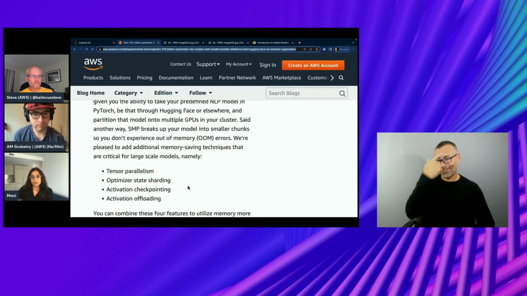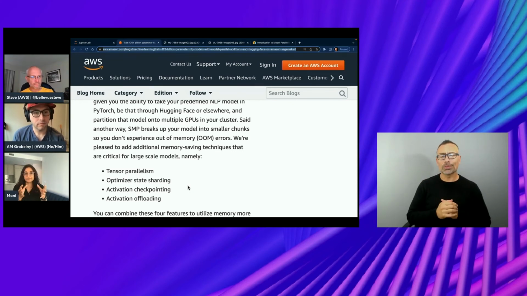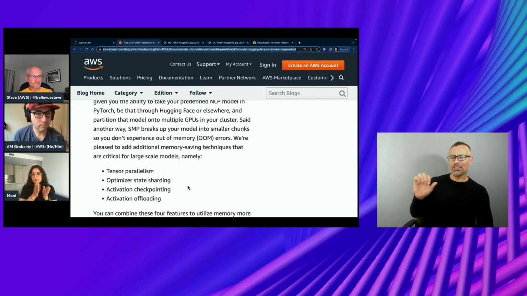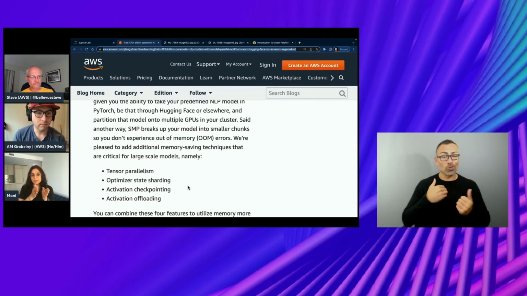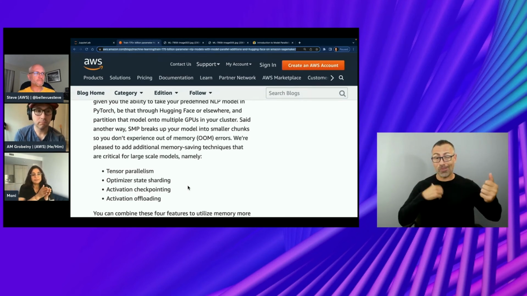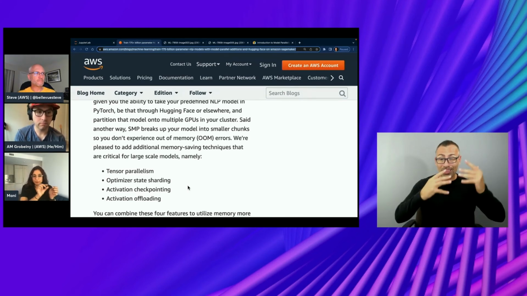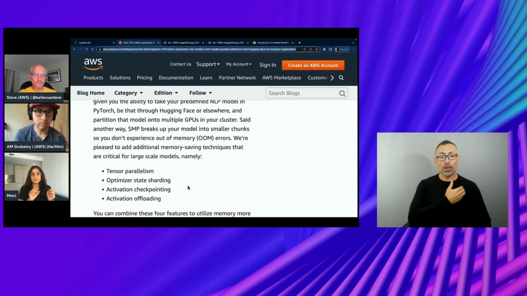The second point is activation checkpointing and activation offloading. For people who are not aware what activation really is, a deep learning model is a graph, right? We have a number of layers in our big neural network, and our data goes through the network.